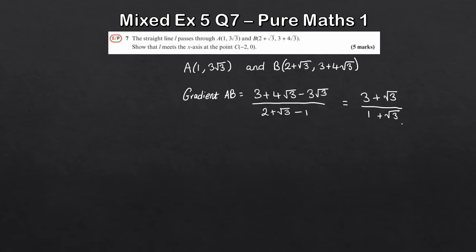Because we've got a root in the denominator, one good little trick here we can do is rationalise. So remember, you times through by the conjugate. So we times through by 1 minus root 3, because that's the conjugate of 1 plus root 3.